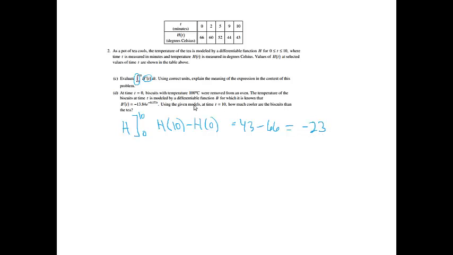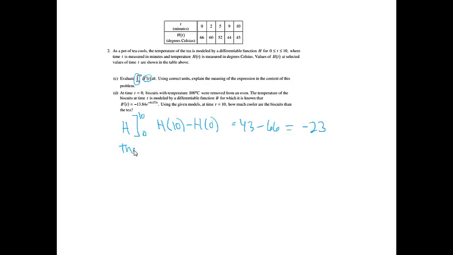And then it says to explain what that is in the context of this problem. Again, if we're looking at h, this is going to have to do with temperature, and since I got a negative 23, that must mean that from time 0 to 10, the temperature of the tea dropped 23 degrees Celsius.